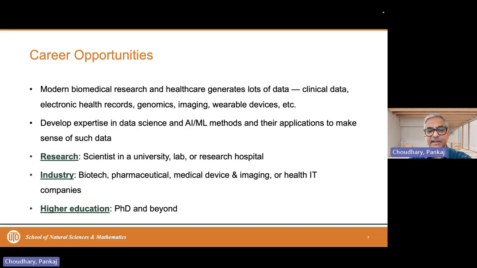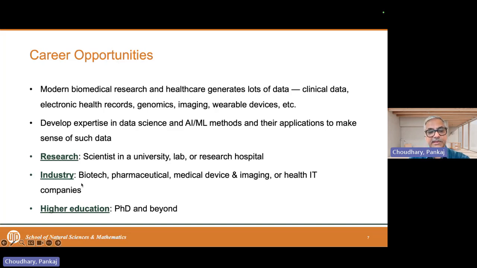You work as a research scientist in a university lab or a research hospital. This is one option. Another option is that you can also go to industry. And even there, we all understand that AI ML skills are in high demand, especially if those skills are tied with some subject matter expertise in biomedical and health related disciplines.